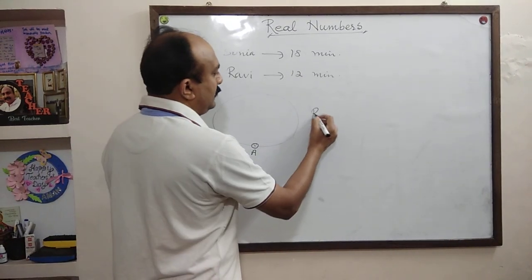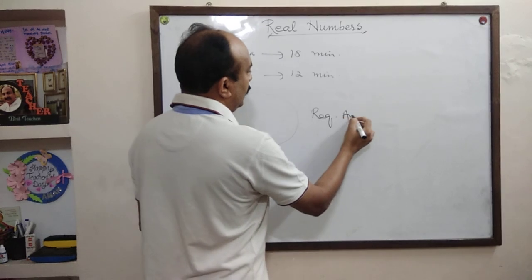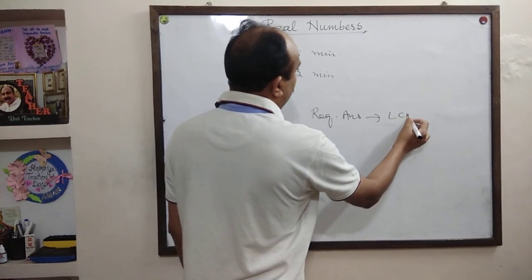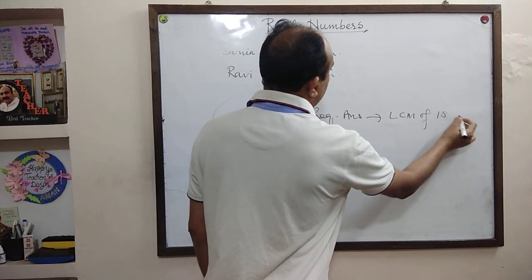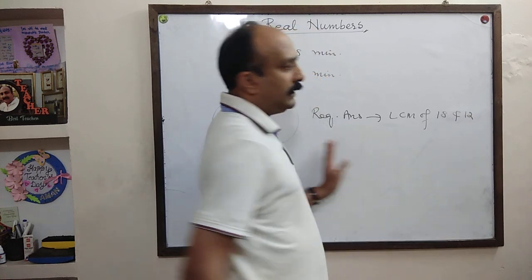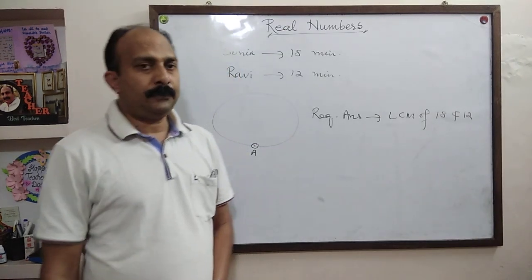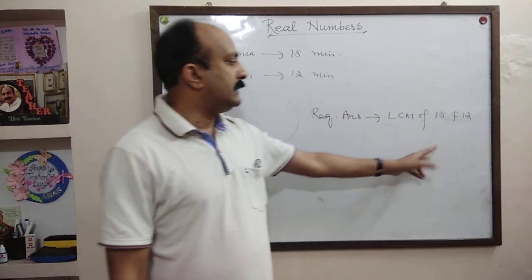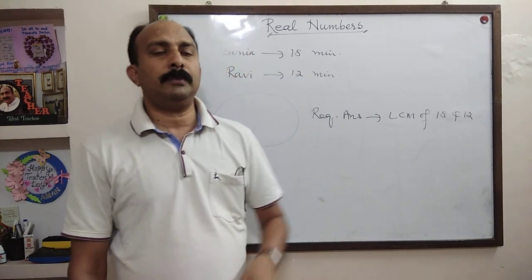So the required answer is the LCM of 18 and 12, and you have to write the statement. Therefore, they will meet again after these many minutes at the starting point.